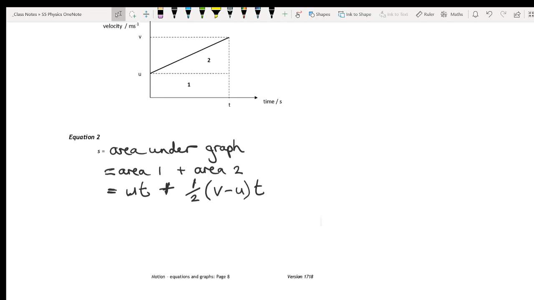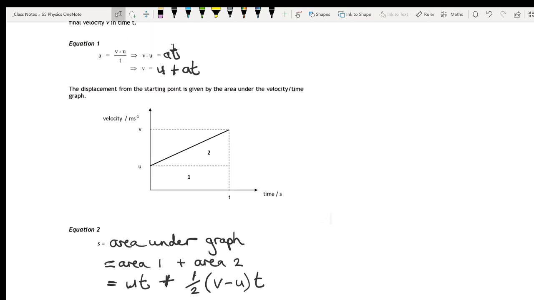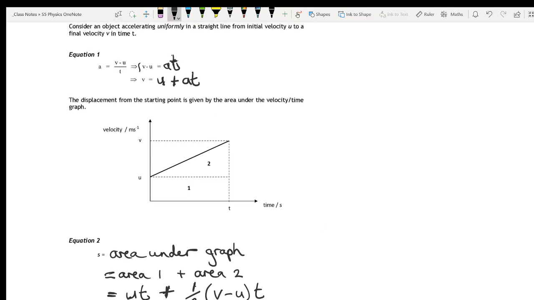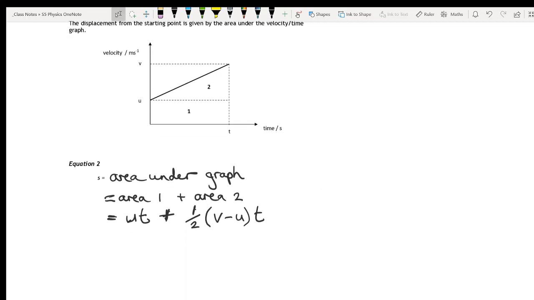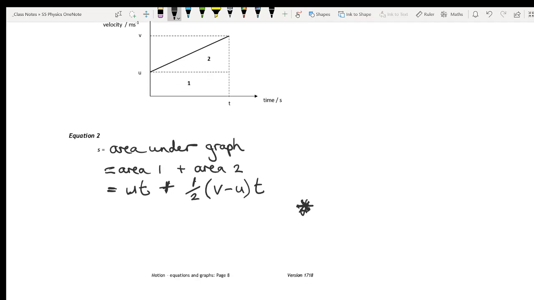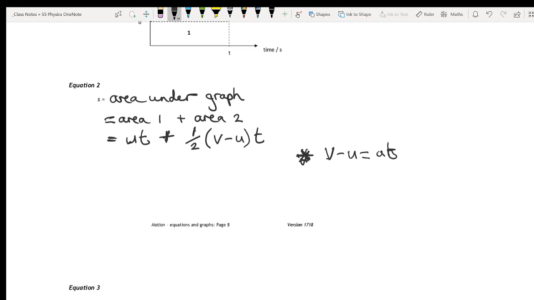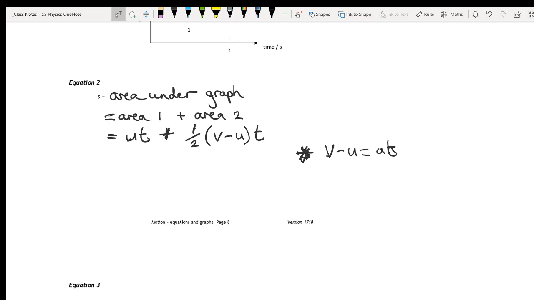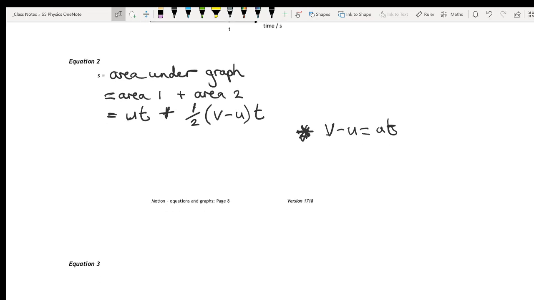Now, if we scroll slightly back up again, v minus u is at, from that equation there. So if we write that aside, v minus u is at. We can replace that v minus u with at.